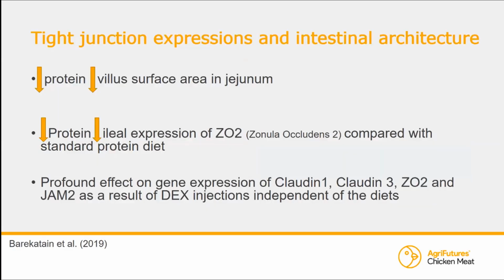We looked at a wide range of tight junctions and did PCR assays, which are available in that paper, but in a nutshell, we showed some reduction of villus surface area in the jejunum in birds fed reduced protein diets, and the expression of one of the key tight junctions, ZO2, was lower than in birds fed standard protein diets.